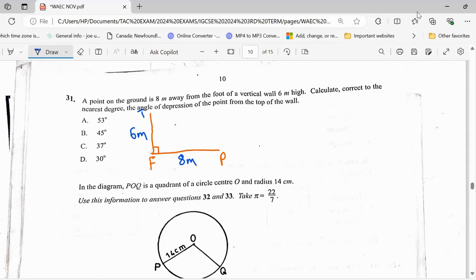Now, they say calculate to the nearest degree the angle of depression of the point from the top of the wall. Angle of depression. So if we take this down, we are looking at this angle here.